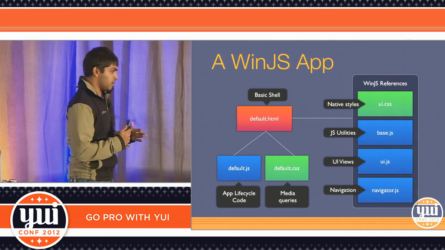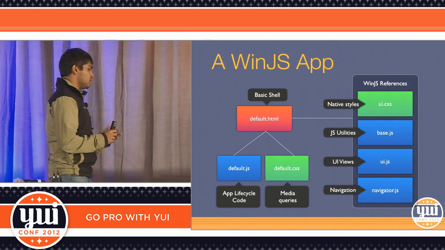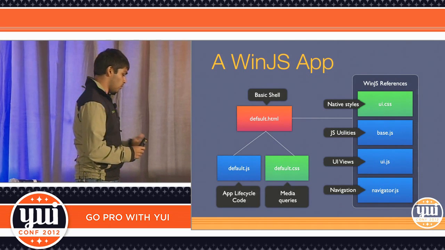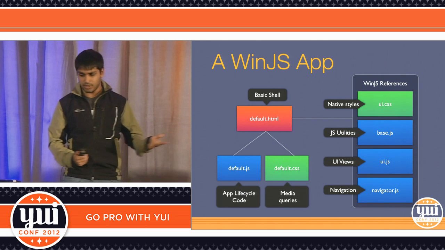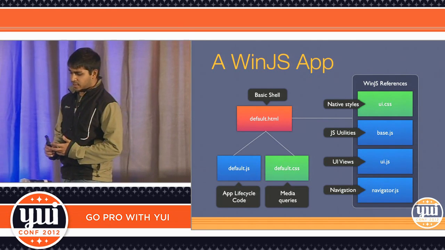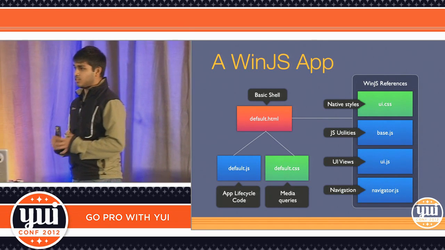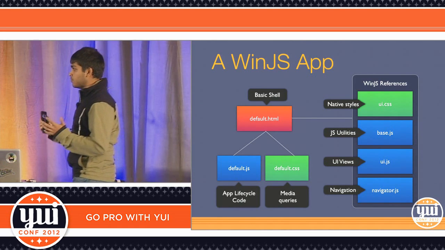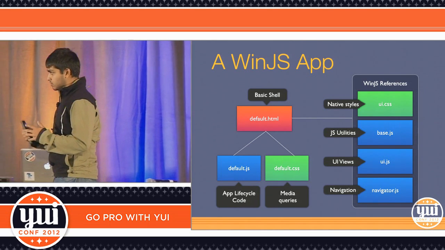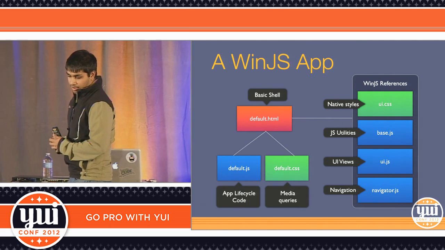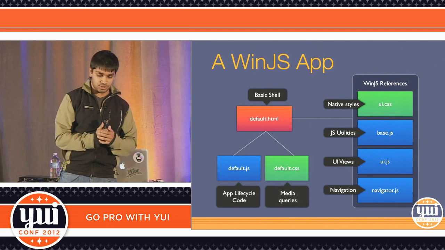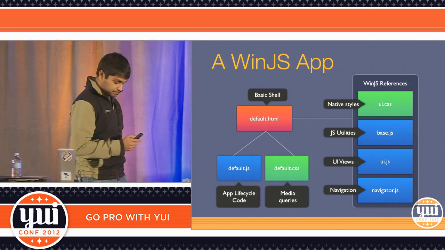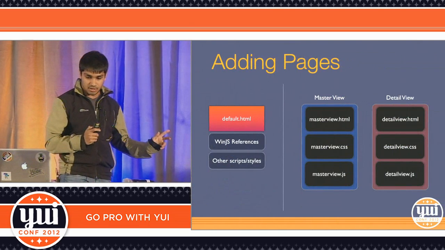Then there's base.js, which has class management tools and things that YUI already offers. But if you weren't using a library, you'd be using whatever's in base.js. It has UI.js, which is where all the WinJS widget views are contained. So all the classes related to a user interface. And then if you're making some sort of master detail application, you get this navigator.js, which maintains navigation. So I'll dig into some of these a little deeper.